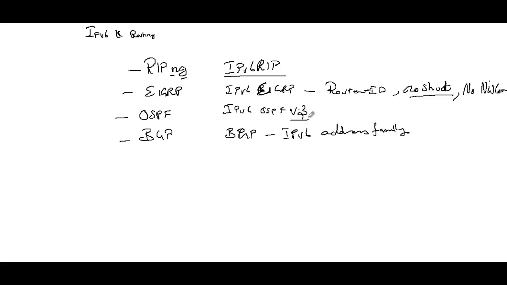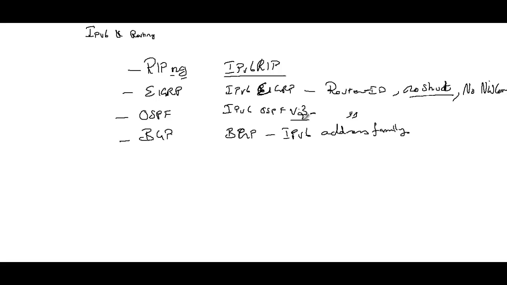What about IPv6 OSPF? This has not much difference. It's the same as IPv4. As we enable IPv6 OSPF, we must make sure that there is a router ID. Even in IPv4 there must be a router ID, and the router ID is picked automatically.